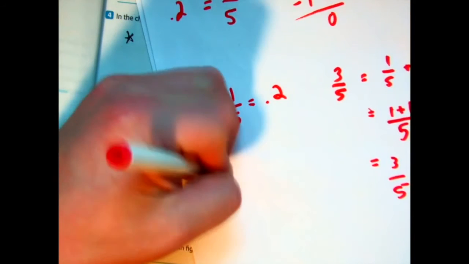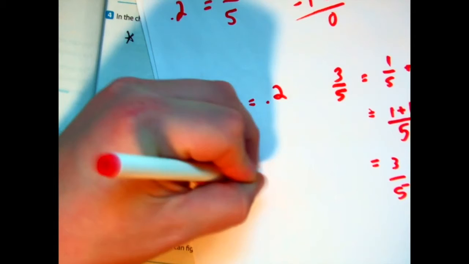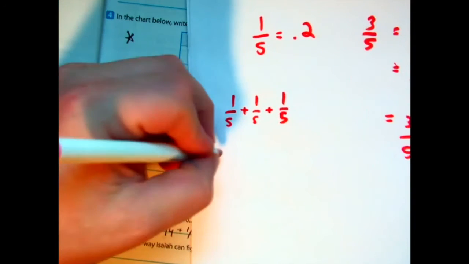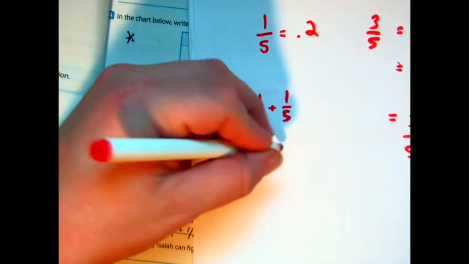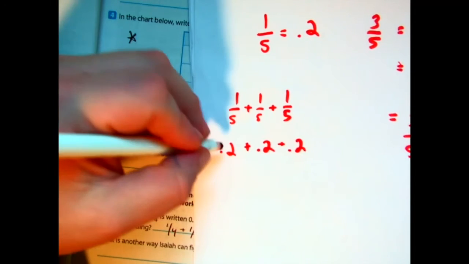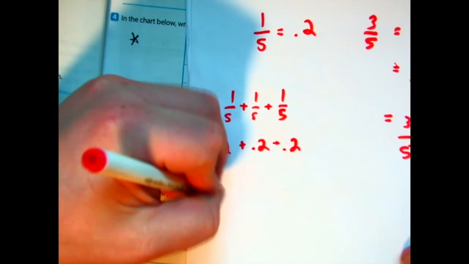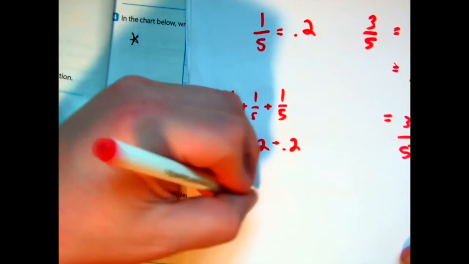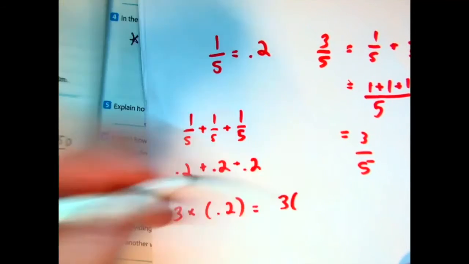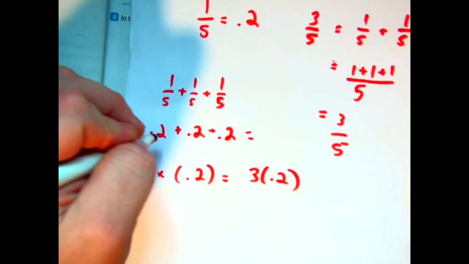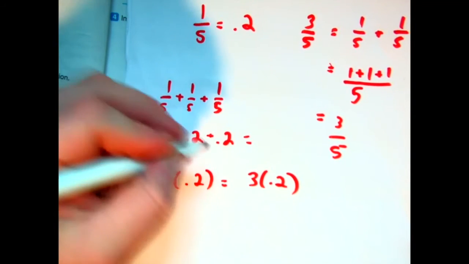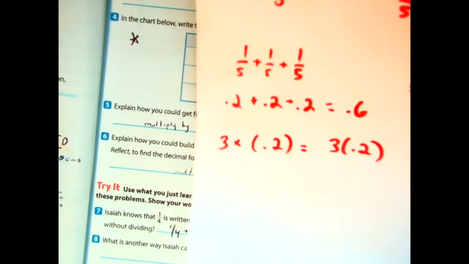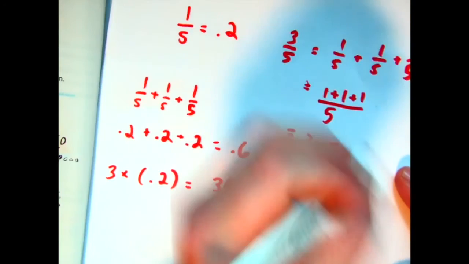But I know that 1/5 plus 1/5 plus 1/5 is the same as 0.2 plus 0.2 plus 0.2, which is the same as 3 times 0.2. Or you can see it expressed as this sometimes, which is 0.2, 0.4, 0.6. So 3/5 is going to be equal to 0.6.